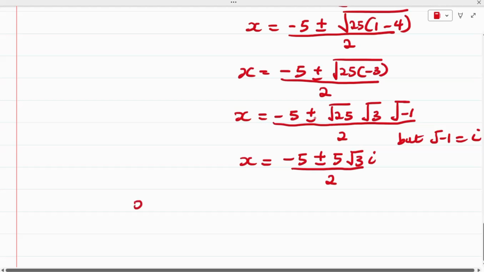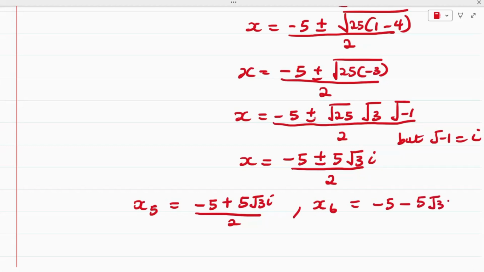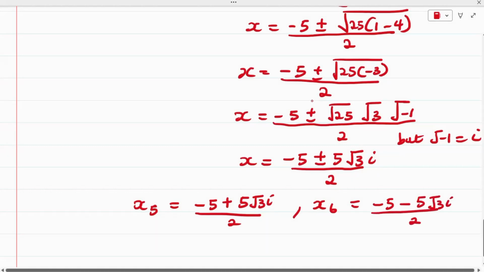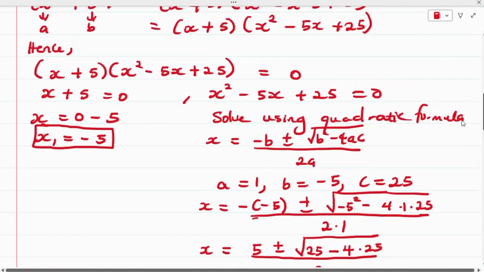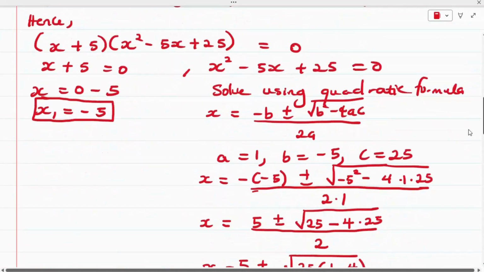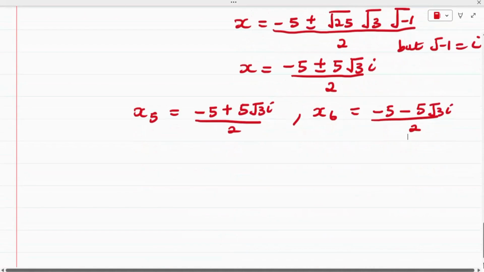So from here we have that x5 is equal to minus 5 plus 5 root 3i over 2, and x6 is equal to minus 5 minus 5 root 3i over 2. So right here, guys, we have been able to find all the values of x from this question. So hence we are going to write out all the values of x.